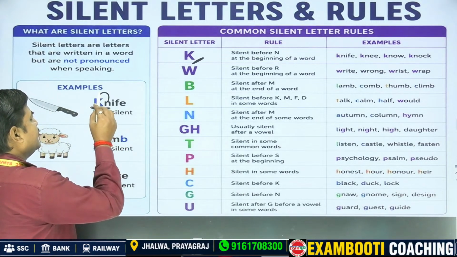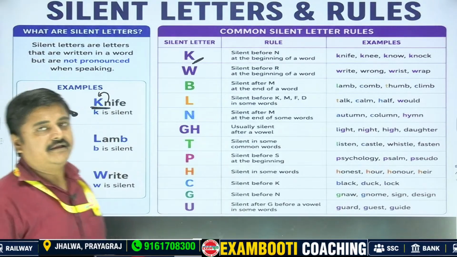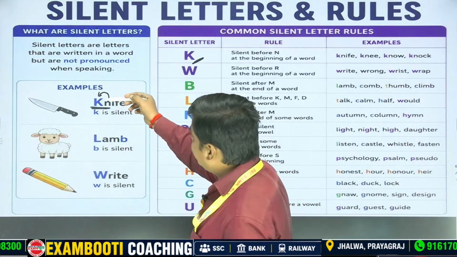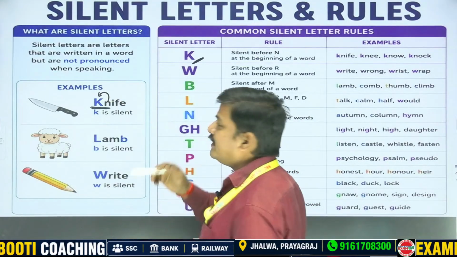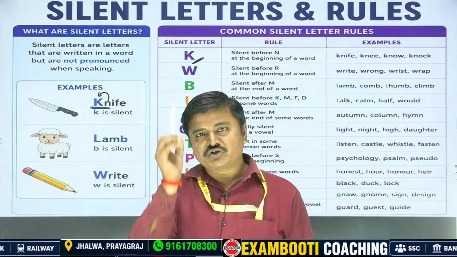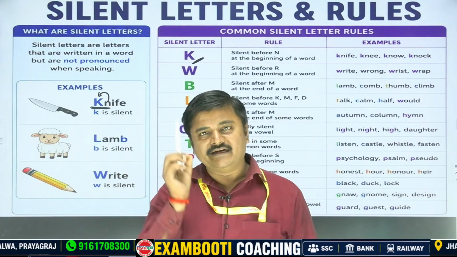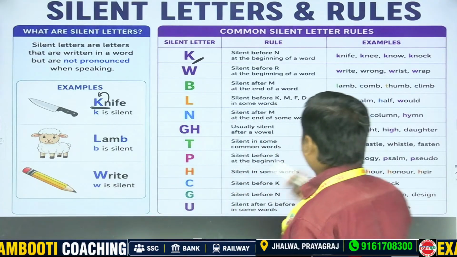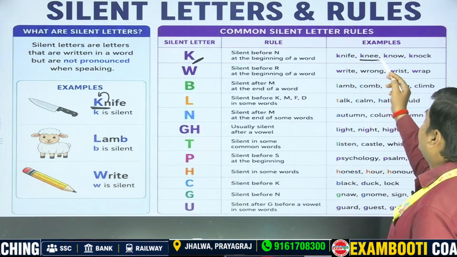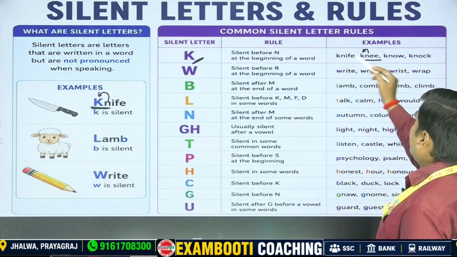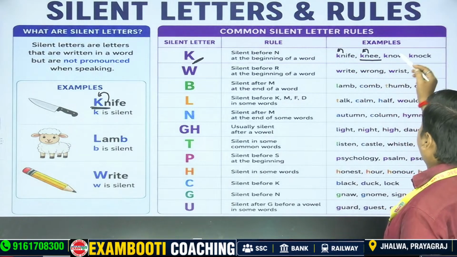K has a place before N. So if K is before N in any word, you should know immediately that K is silent. Like there is another word, knee. In knee, K is before N. In knife, K is before N.